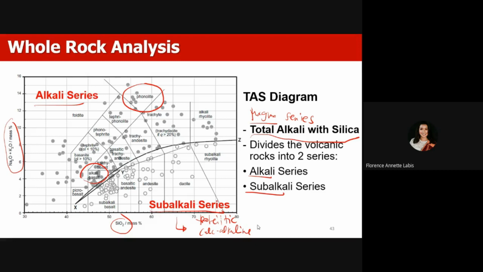So they have a different signature, and that is why it is important for us to know at least the basics. This is very basic when it comes to the geochemical composition of the different igneous rocks.